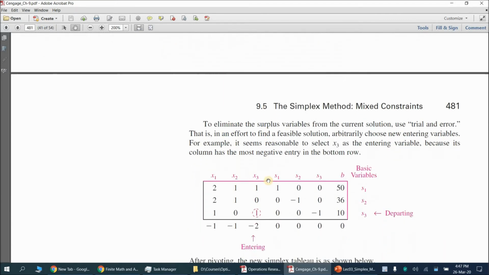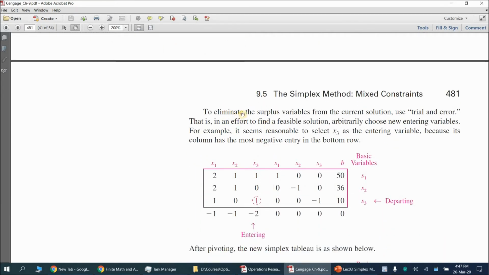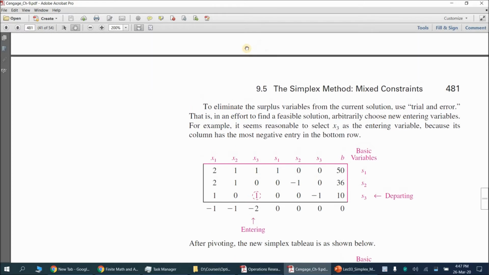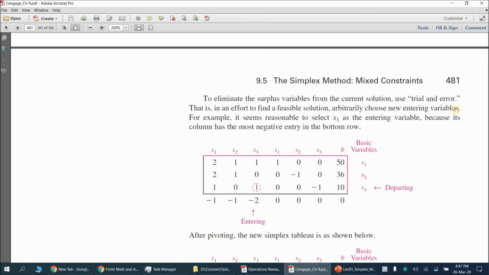So what you try to do is maybe remove the surplus variables from the current solution, and for this purpose they use something like the trial and error method. Now this is a big problem.